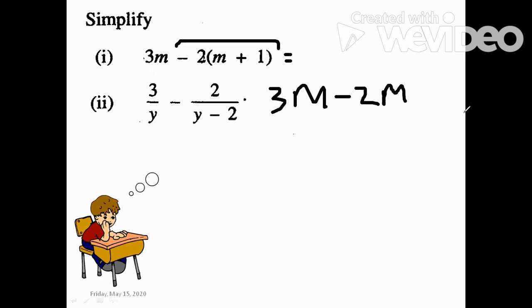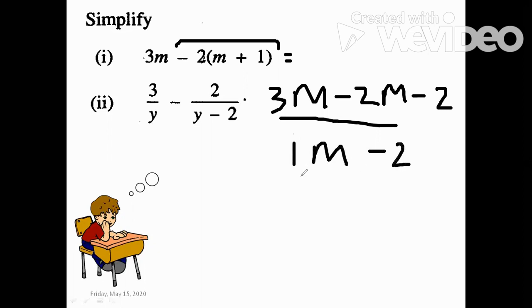Negative and positive will give us a negative, 2 ones are 2. These are like terms. 2m from 3m will give us 1m, or simply m, and we'll write back the negative 2, and this will be our answer. This can't go further because those are 2 unlike terms.